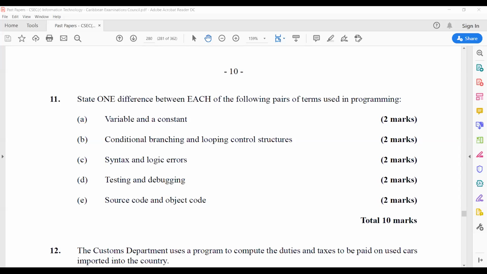Now, conditional branching and looping control structures. Anybody want to give this one a try?